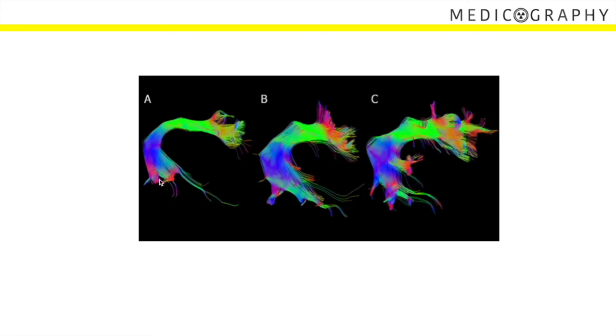You can see here on the A image that represents the healthy arcuate fasciculus, while the B and C represent the arcuate fasciculus in patients with schizophrenia with prominent auditory verbal hallucinations. I got this example from a journal that studies the arcuate fasciculus in schizophrenia patients with prominent auditory verbal hallucinations.